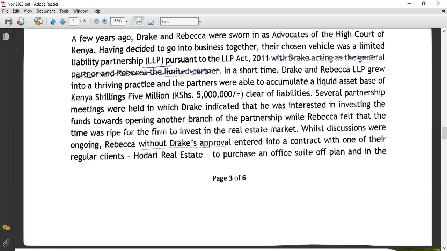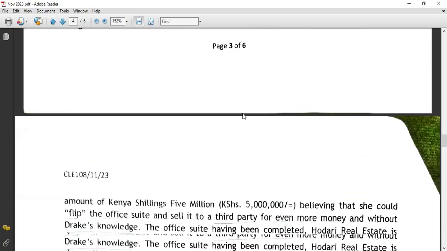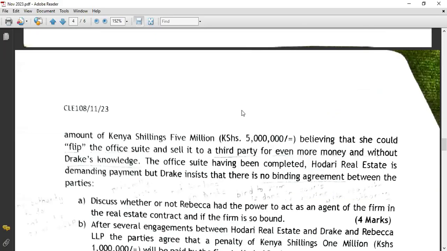Several partnership meetings were held in which Drake indicated that he was interested in investing funds towards opening another branch of the partnership. Rebecca felt that the time was right for the firm to invest in the real estate market. While discussions were ongoing, Rebecca, without Drake's approval, entered into a contract with one of the regular clients, Hodari Real Estate, to purchase offices off plan in the amount of Kenya 5 million, believing that she could flip the offices and sell them for even more money without Drake's knowledge.